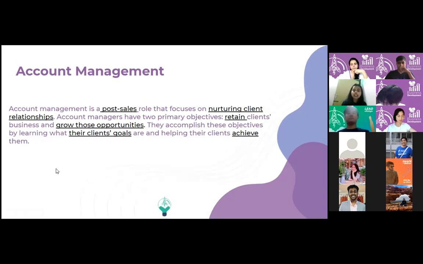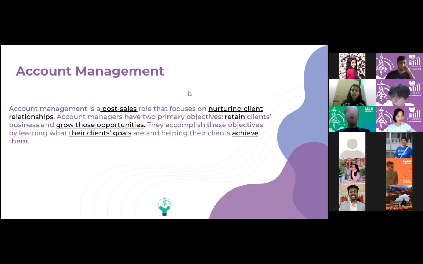So account managers have two major priorities, and that is retaining the clients as well as ensuring that we grow opportunities with them. They accomplish these objectives by learning what their clients' goals are and helping them achieve that. So account management is to be done after the sales has been done.